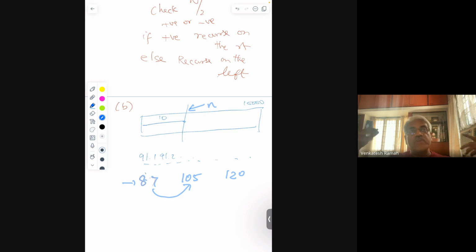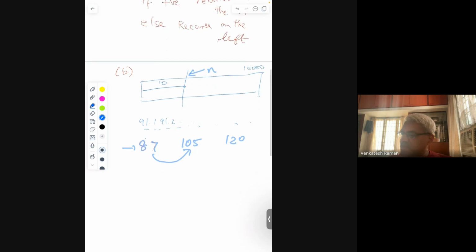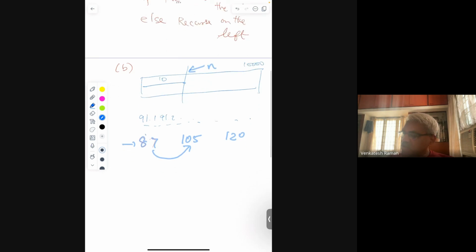All you know is this huge unbounded array. I don't know the size, and somewhere numbers start becoming negative. Till that point, it's positive. So I have to somehow find that number. If I had known capital N, I can do this log capital N algorithm, but suppose I don't even know capital N. Now that I've given this hint, do any new ideas come to you?